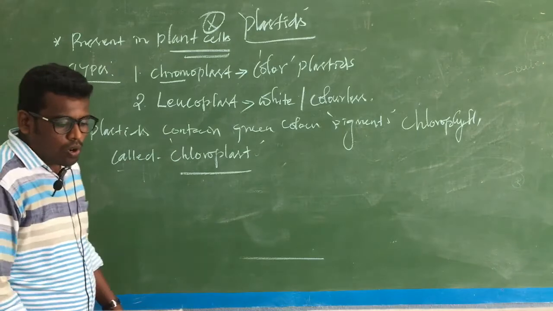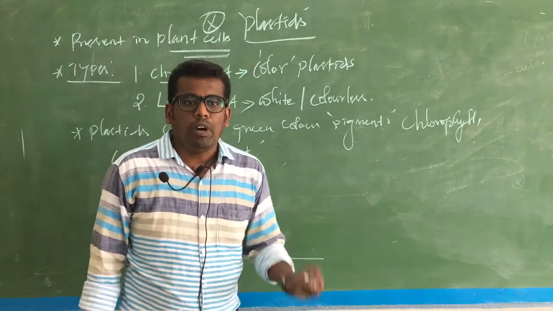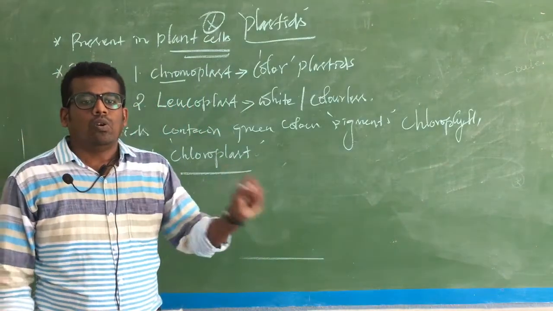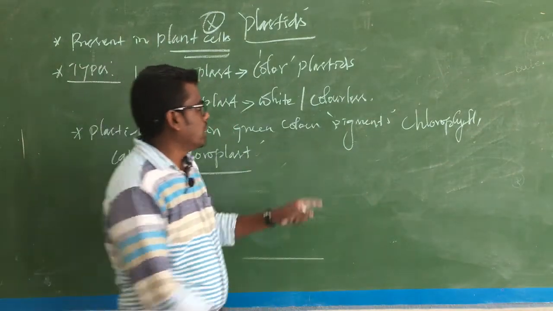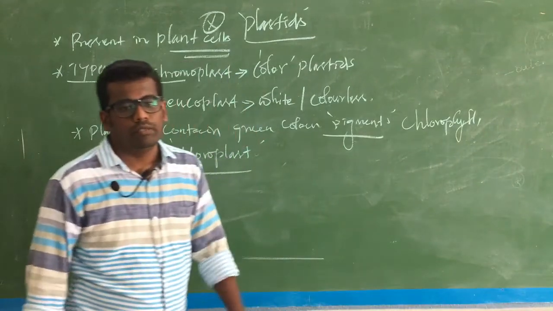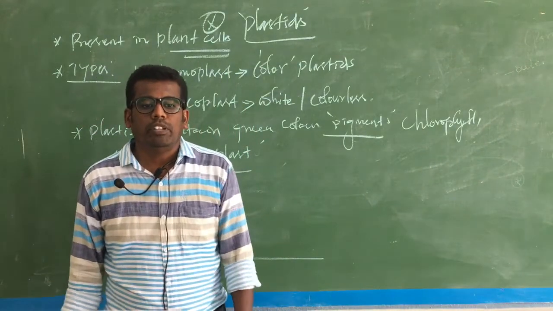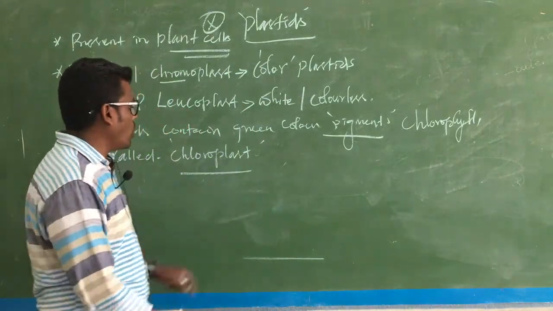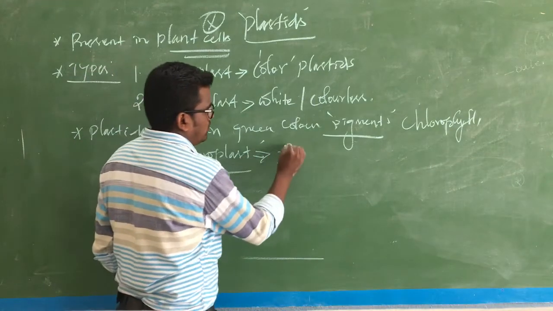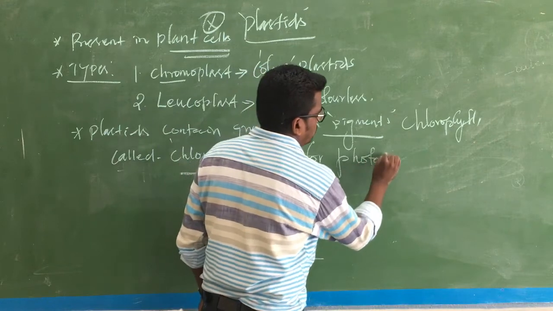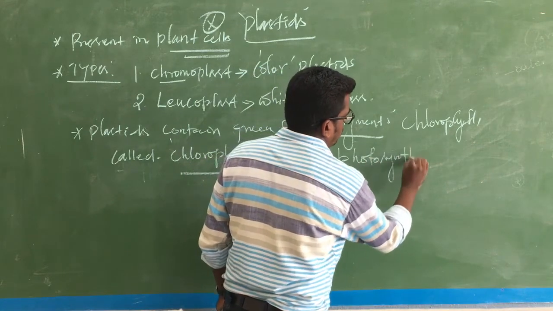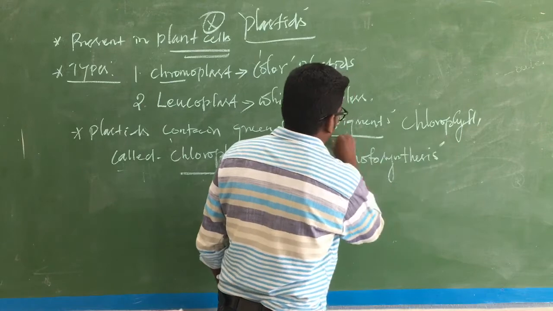Chloroplast is a type of plastid which has green color pigments. This chloroplast is important for photosynthesis. You know what photosynthesis is?